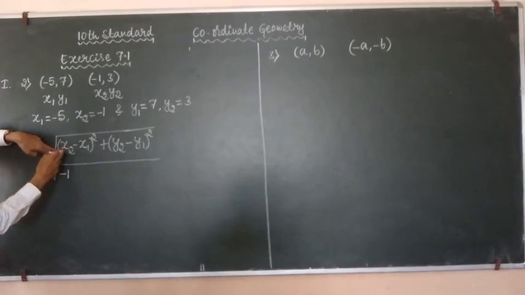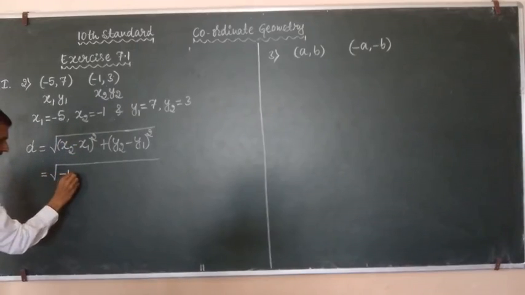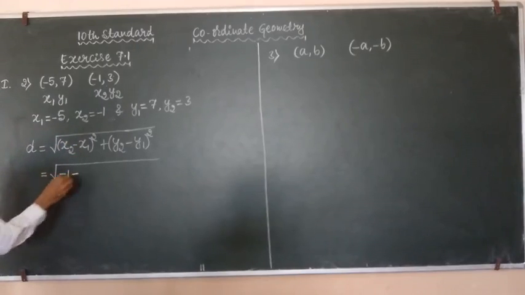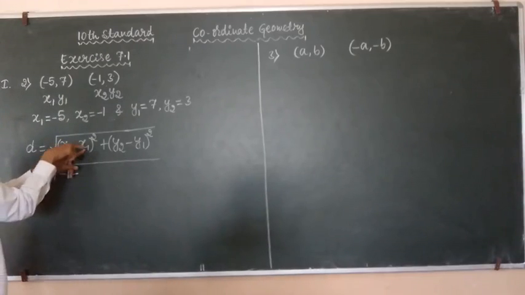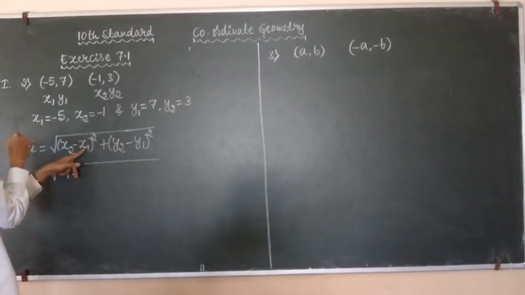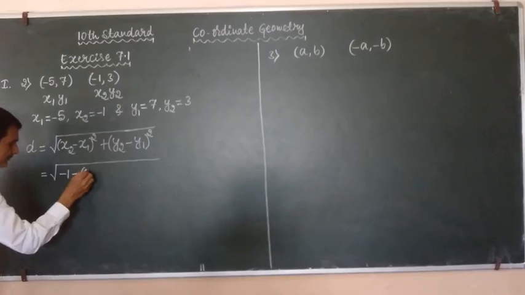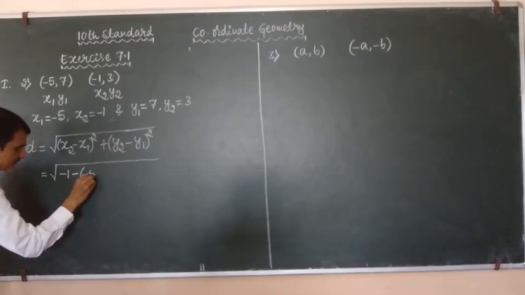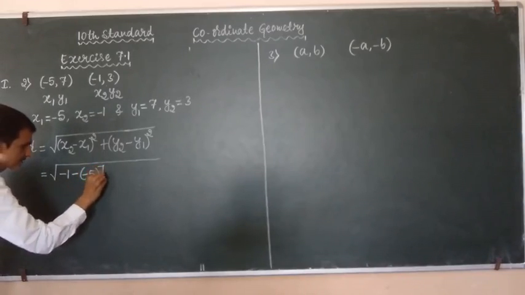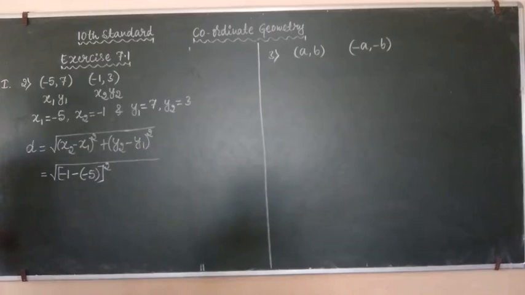In the formula there is a minus, so write down minus 1. So what is the value of x1? x1 is again minus 5. So write the bracket minus 5, and close it with a big bracket putting the square.